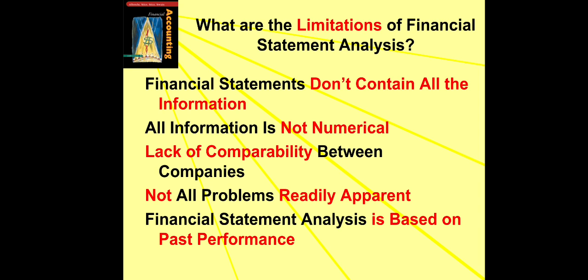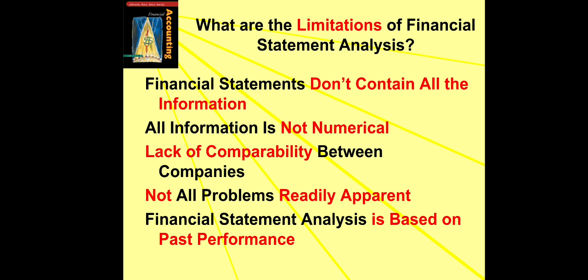For example, customer satisfaction, customer loyalty, location of the business. Maybe the number is good, but the customers of the business are not happy. So if the number is good but the customers are not happy, in the long term, the company will be getting worse, not getting better. So that is one thing you have to be aware of. Financial statements do not contain all information, especially the non-numerical info.